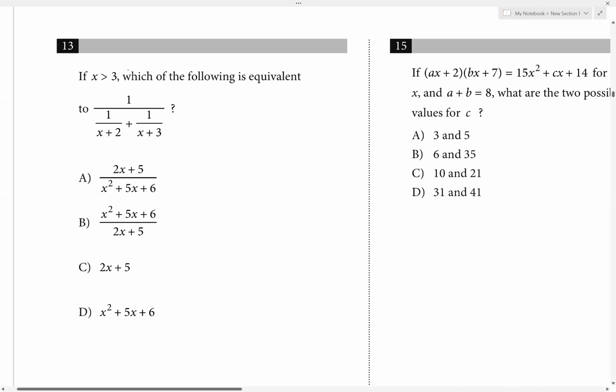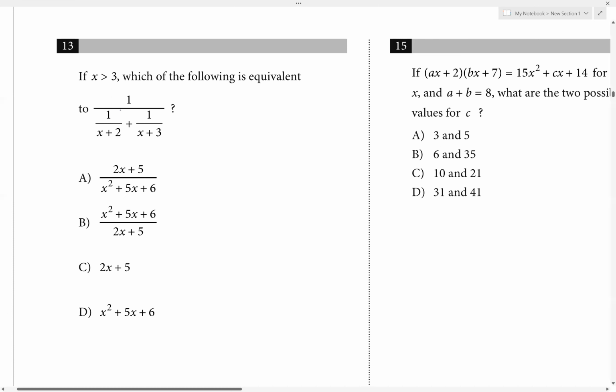So you can pick x equal to 4 maybe, plug it in here, and then plug 4 into each of the answer choices and see which one is equivalent. That could work, but even if you do that, it won't be that easy to solve because again, we have all these fractions. So if we're going to solve it algebraically, what we can do is this.